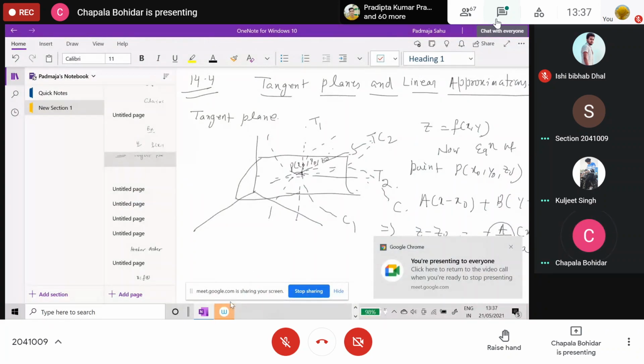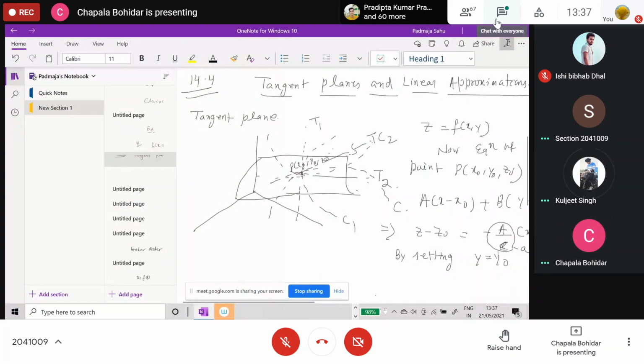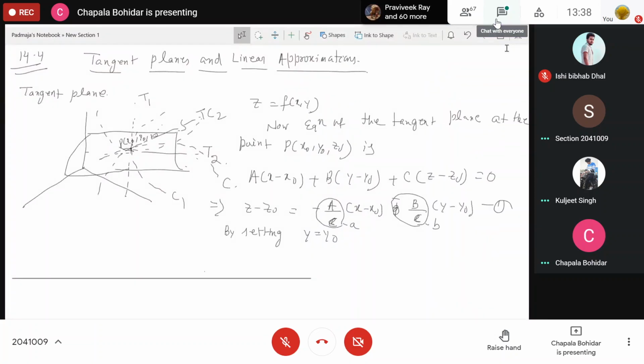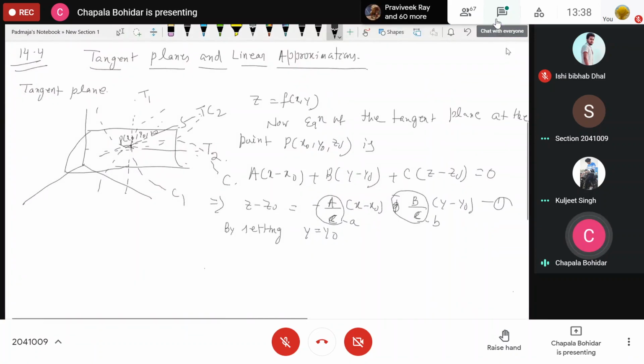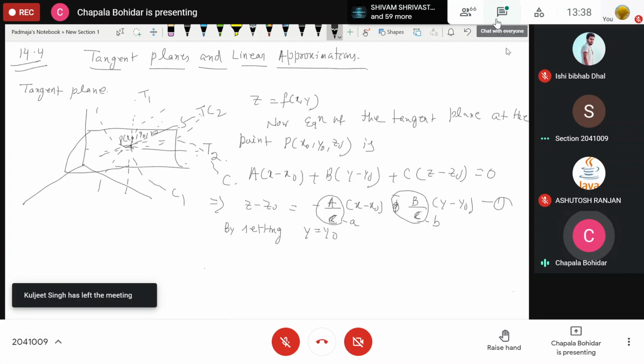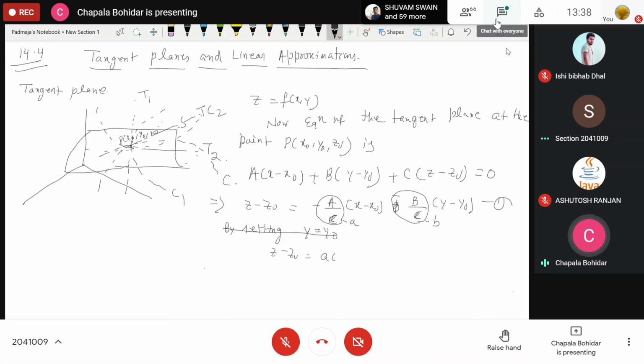So now I can write minus a by c is equal to a and minus b by c is equal to b. Now your equation became z minus z0 is equal to a into x minus x0 plus b into y minus y0.